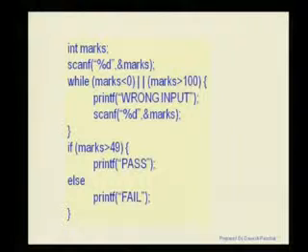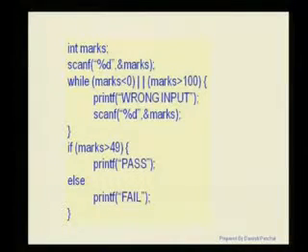Now we directly map this flow graph using a while loop. You can see here in the program we have written the first statement for taking the input, that is scanf, for taking the input of marks. Then we are checking the condition: while this condition is satisfied, it prints this message.